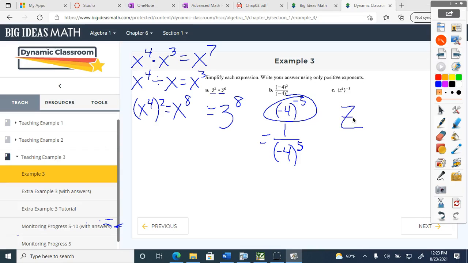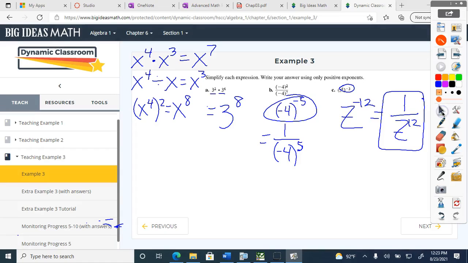So what do we do with the exponent? You multiply. 4 times -3 is -12, which means it's going to be 1 over z to the +12. You always want to leave your exponents positive. Everybody good on example 3? Yes? Yep.